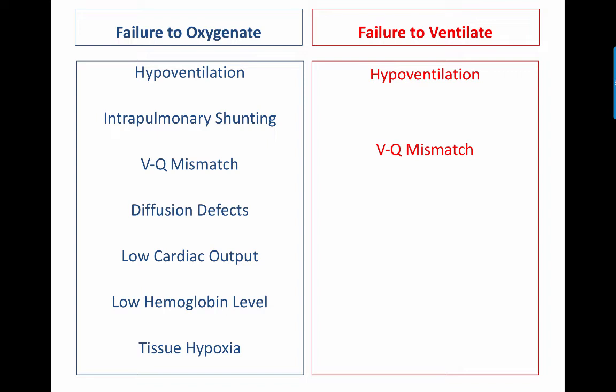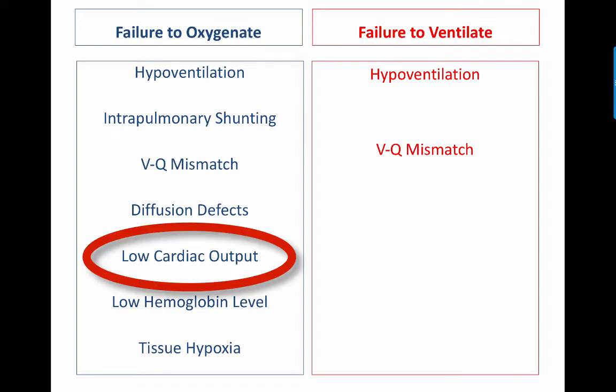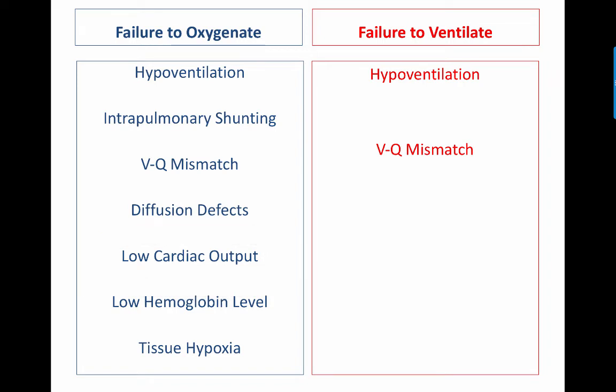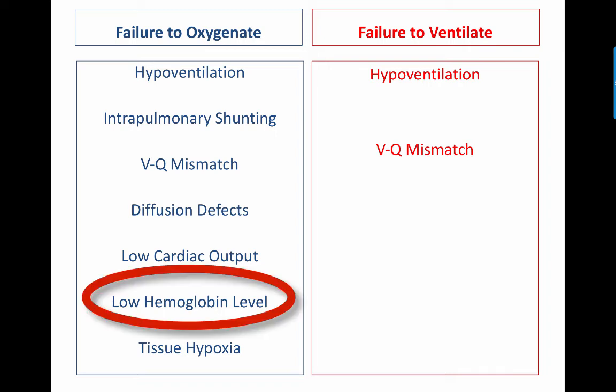You can also have other physiologic states that cause the patient to fail to oxygenate, right? Low cardiac output states. So in heart failure exacerbations, when you have less cardiac output, you have less oxygenated blood simply leaving the left ventricle, and so that's going to, of course, affect the whole body because you have less oxygen getting to the tissues. You can simply have low hemoglobin, right?